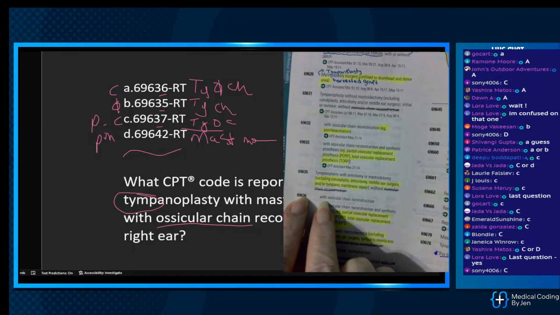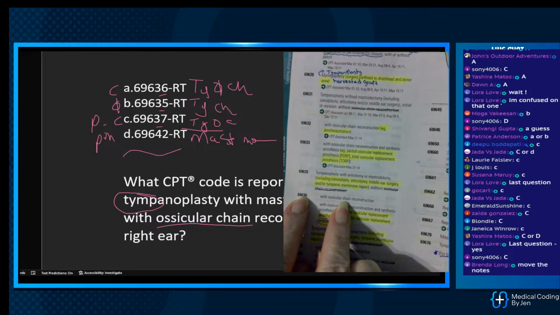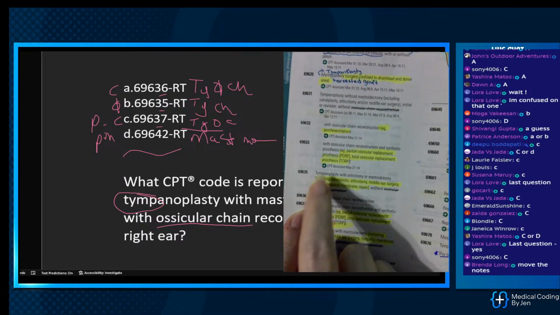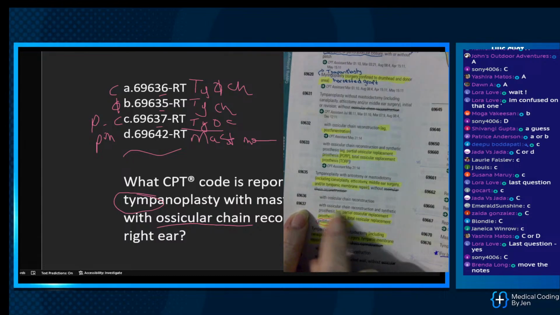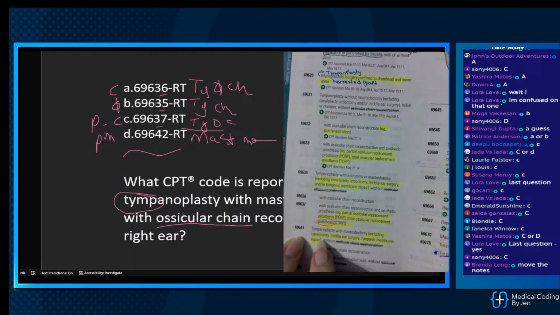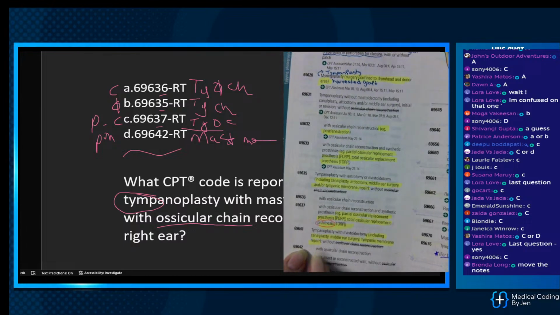Our 36 is this one with the ossicular chain. Our 37 is the tympanoplasty with the ossicular chain, but it also includes a prosthetic, which that question doesn't have. And then 42 is what 41 is, but with an ossicular chain reconstruction.